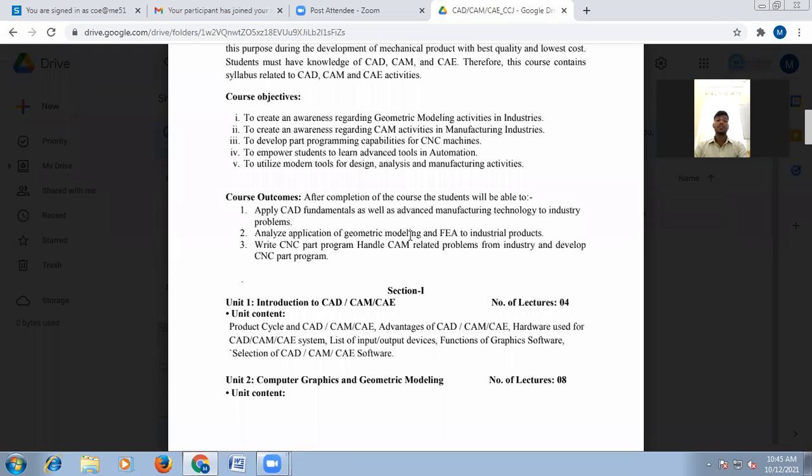Okay, in coming eras, maybe a single person will only be required for starting the machine. After that, each and everything will be covered by the machine only. That era is also coming. Okay, last is to utilize modern tools for design analysis and manufacturing activities.